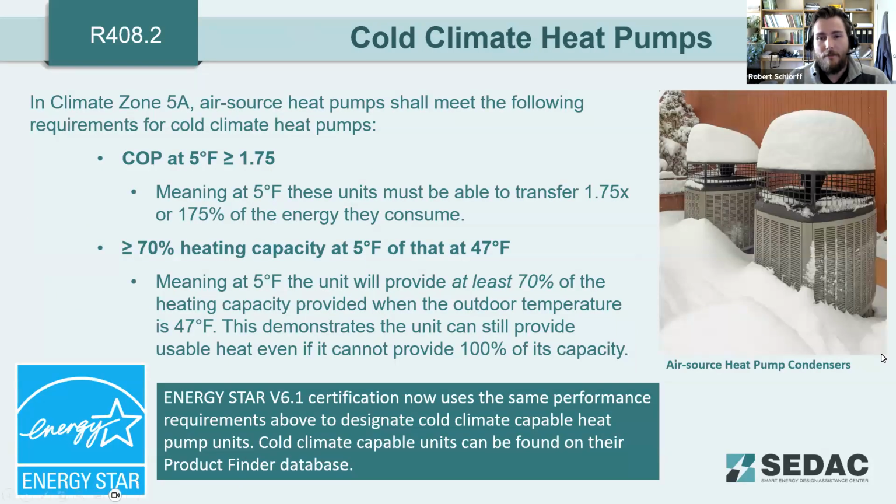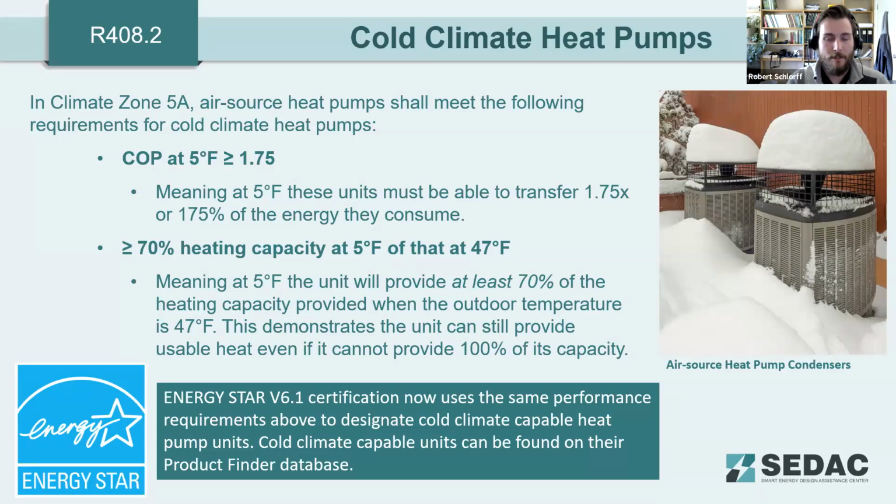Adding on to that just a little bit, the Illinois stretch code has a definition for cold climate heat pumps. So if you are in climate zone 5A, and just a quick reminder that climate zones are found in chapter 3 of the IECC, that's where you'll find the climate zone map and climate zones listed by county, by state.